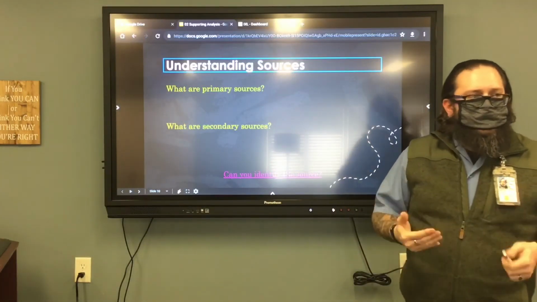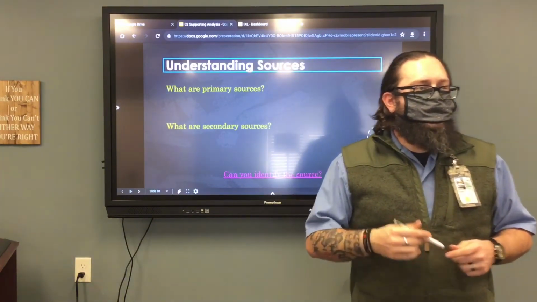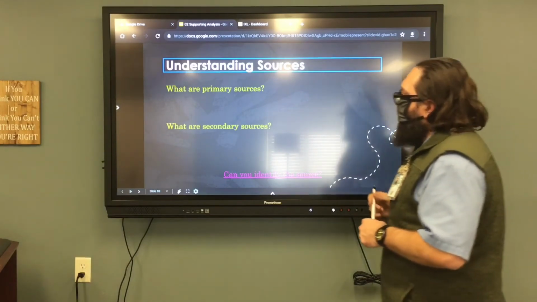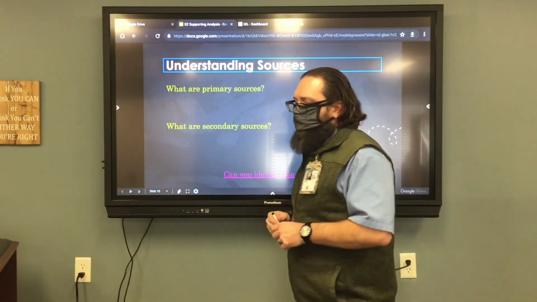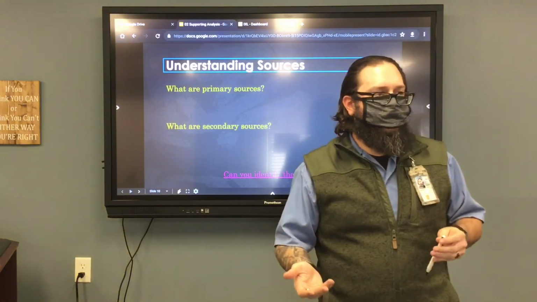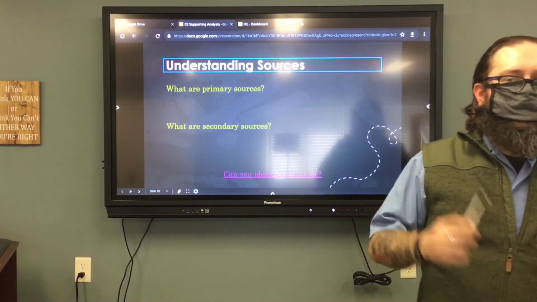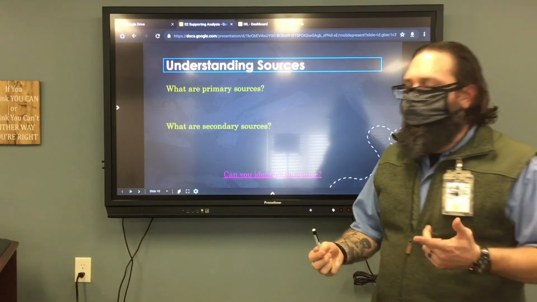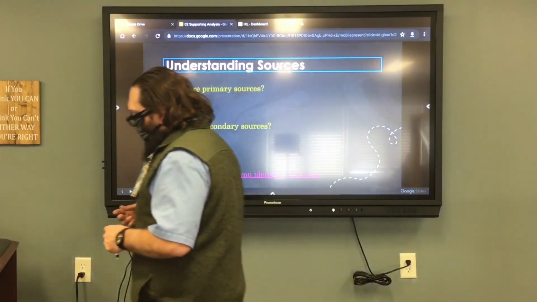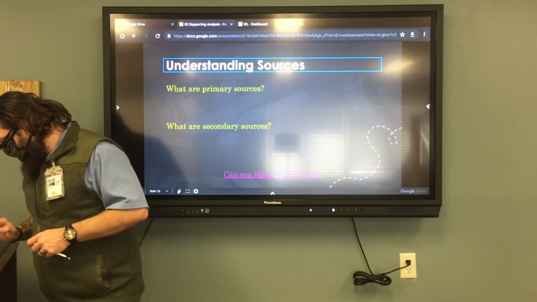As we analyze text, we need to be able to identify sources within the text. There are typically two types of sources that you are going to encounter. They will either be primary sources or secondary sources. So who can tell me what a primary source is?